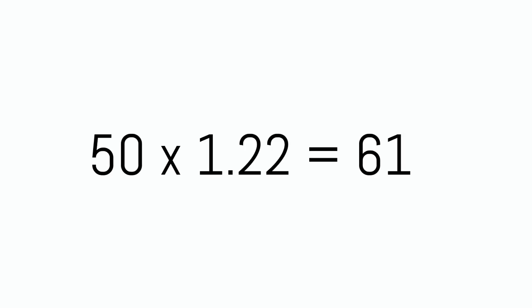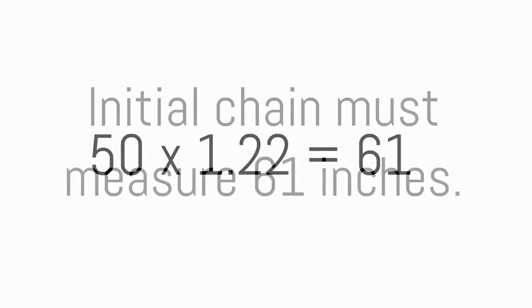The 1.22 is just 1 plus your shrink rate, which in our case was 22%. So 50 times 1.22 gives us 61 inches. This means that our initial chain must measure 61 inches in order for our final project to measure 50 inches across.